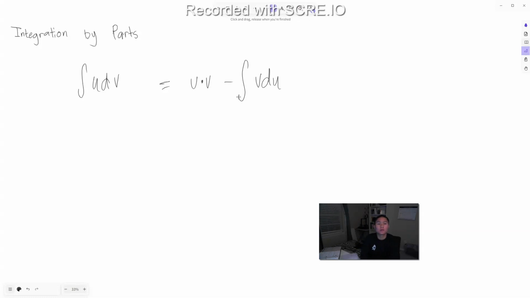We're going to talk about how this equation is derived and how it relates back to a reversal, per se, of the product rule in derivatives.